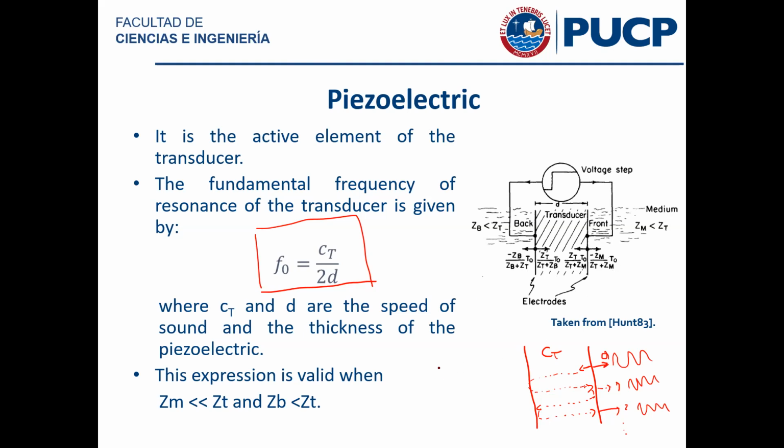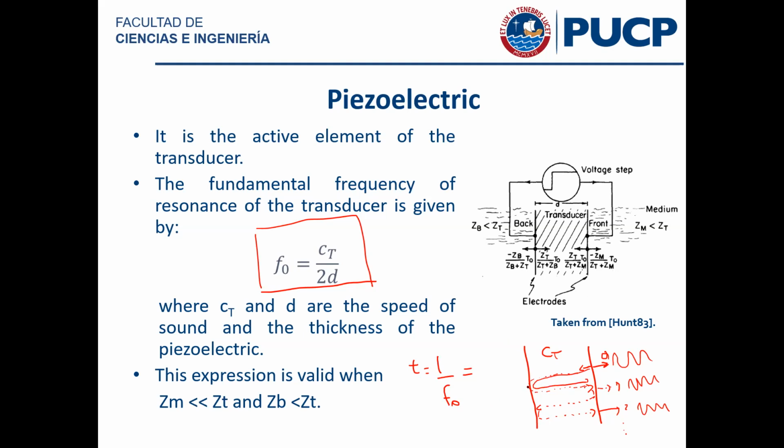So what you need is that the time that it takes to travel is equal to 1 period, which is 1 over f naught, right? 1 over frequency is the period. And that has to be the time that it takes for the wave to go to the back of the piezo and then to the front, which is equal to what?